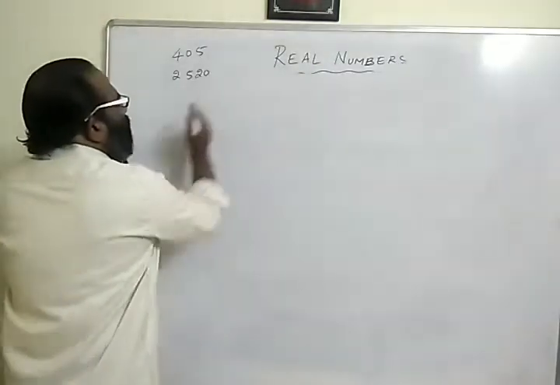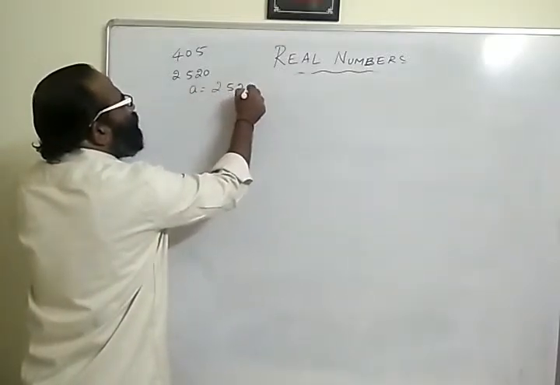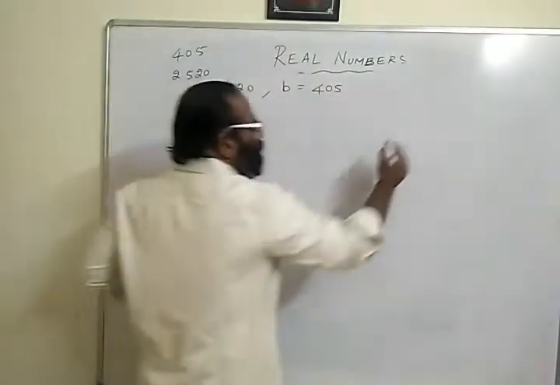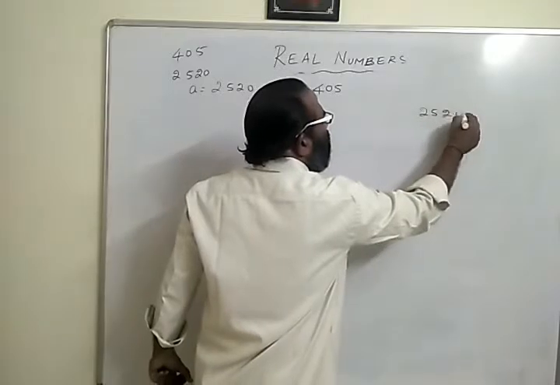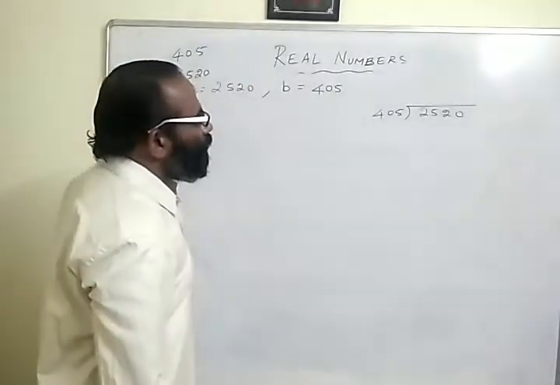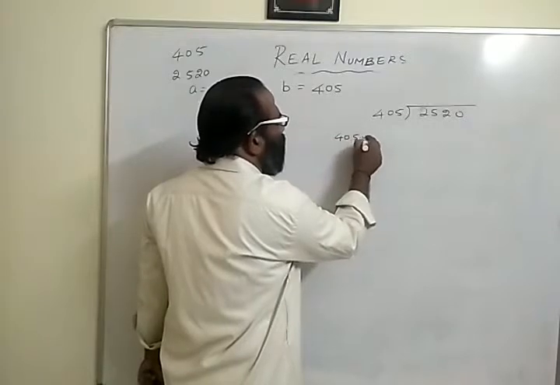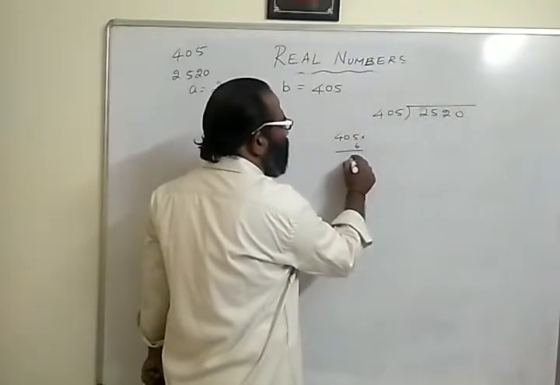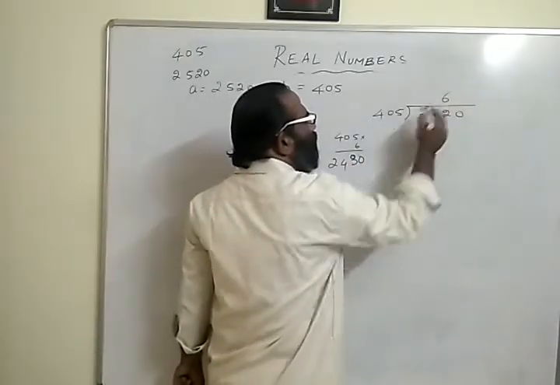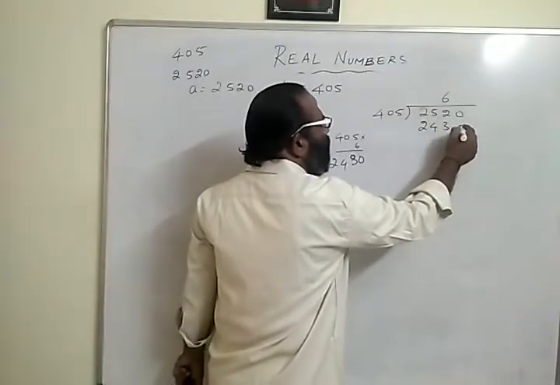So A is equal to 2520 and B is equal to 405. So 2520 divided by 405. 405 into 6 is 2430.